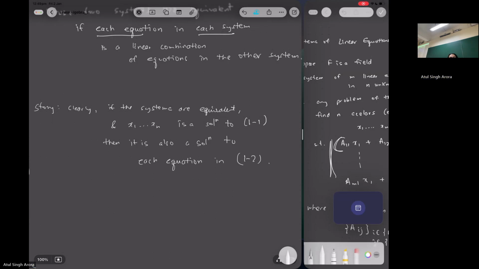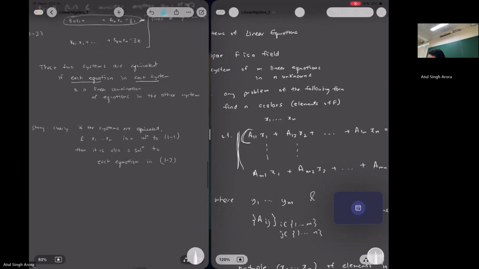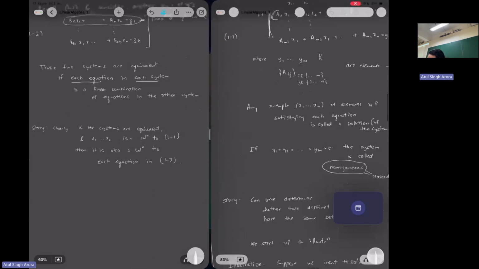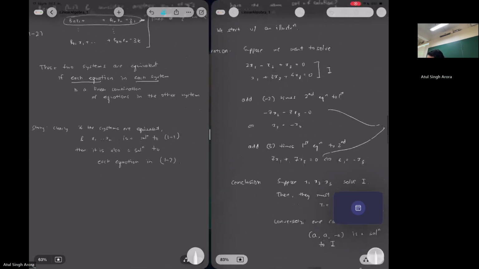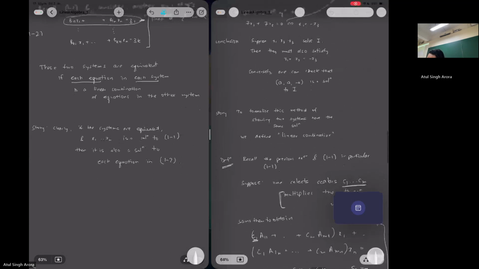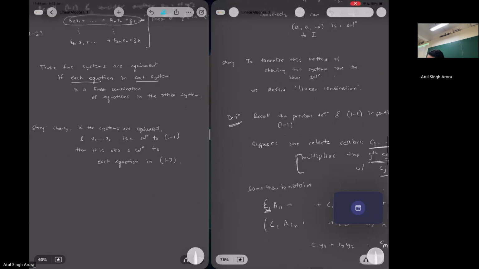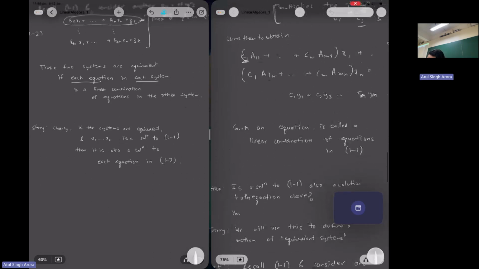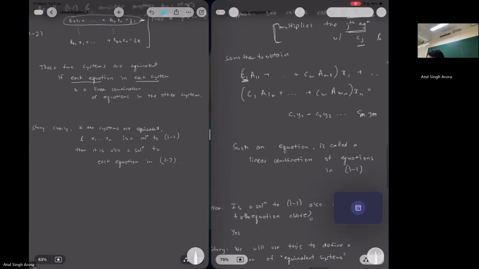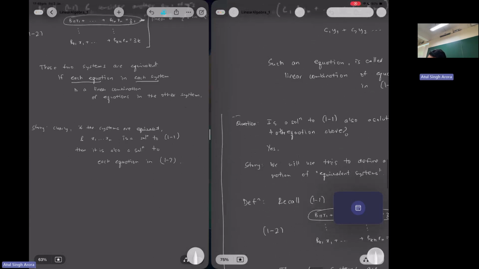Here what we're doing is essentially running exactly the argument that we did before. We had this note, NB.